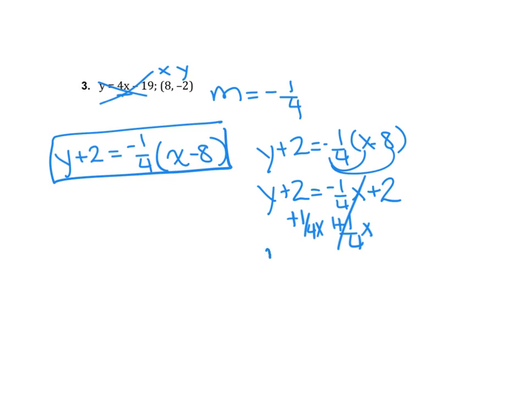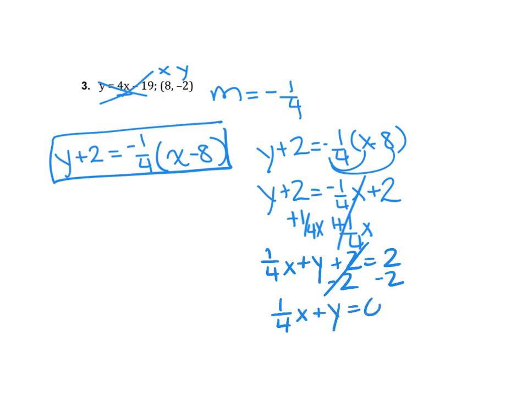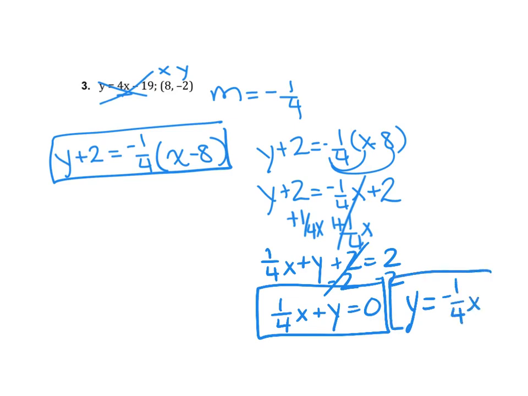So we'll have 1/4 x plus y plus 2 is equal to 2. Now let's move this. So 1/4 x plus y is equal to 0. So that is our standard form, and for slope-intercept form, we're just going to move the x to the other side. So we'll have y is equal to -1 all over 4 x. All right, so in this lesson, we took a look at how to write equations for perpendicular lines.